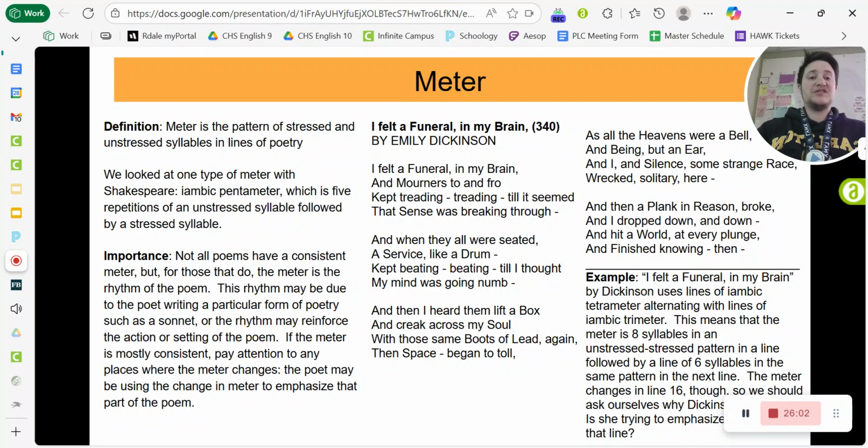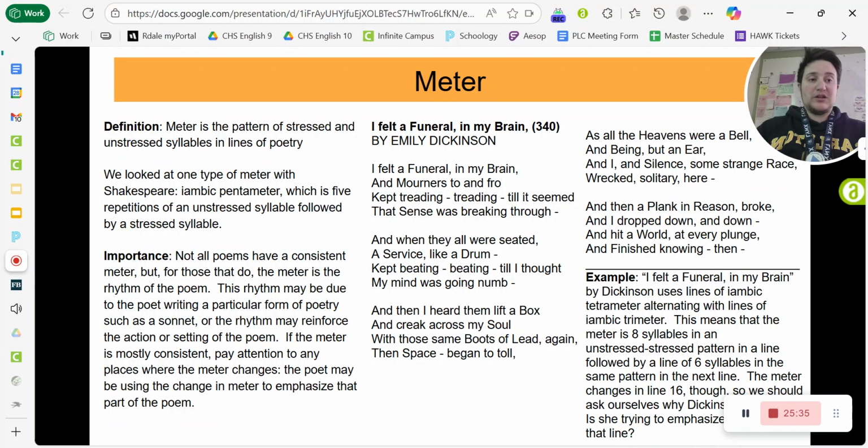And tri means three, like a triangle with three sides. So her lines alternate between having four beats and three beats. I felt a funeral in my brain, and mourners to and fro kept treading, treading, till it seemed that sense was breaking through. So that's an idea of meter.